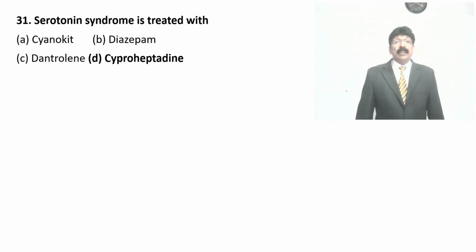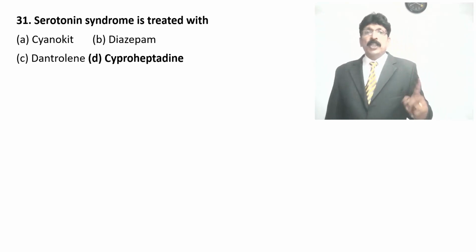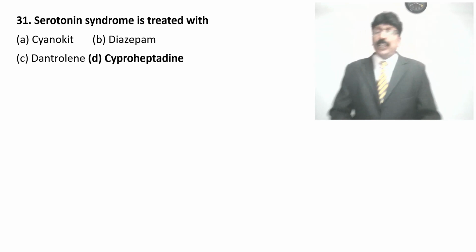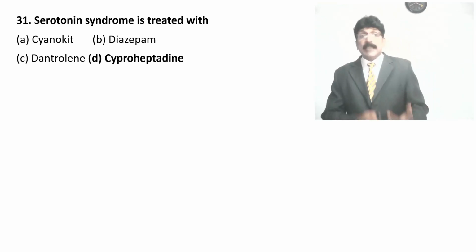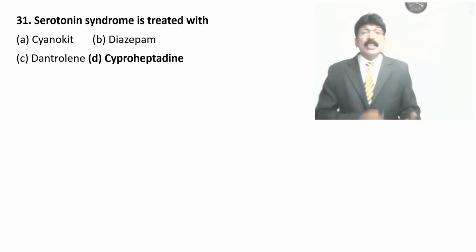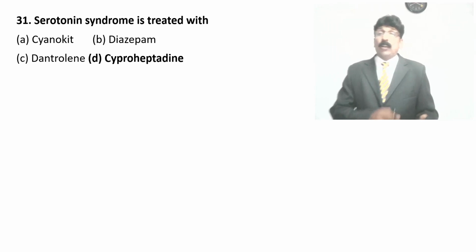And the 31st is also a very interesting question: serotonin syndrome. What is serotonin? Serotonin is a secretion, like a hormone, produced in our body, like histamine. Serotonin syndrome causes allergy-like effects, just as histamine does, so serotonin should be controlled.